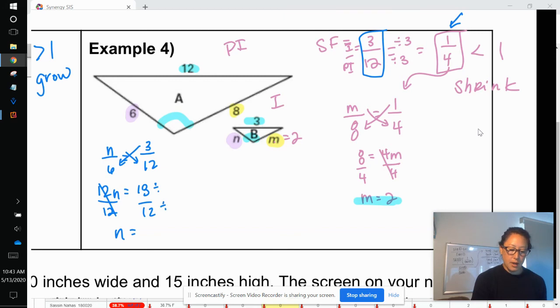I need to divide by 3, oh wait, let's divide by 6. That's a better number: 3 over 2. So the value of n is 3 over 2. So basically all the side lengths are a fourth the size of their original. So 3 is a fourth the size of 12, 1.5 is a fourth the size of 6, and 2 is a fourth the size of 8.